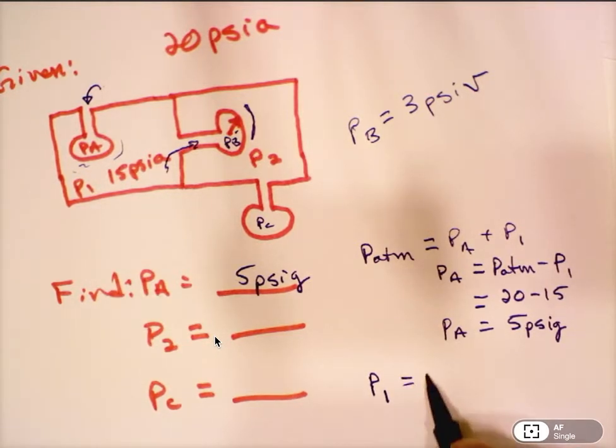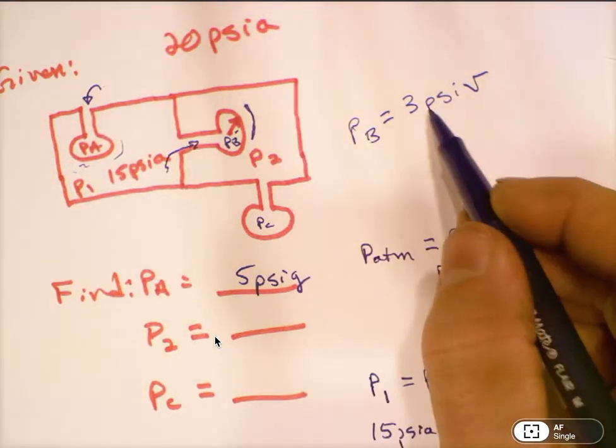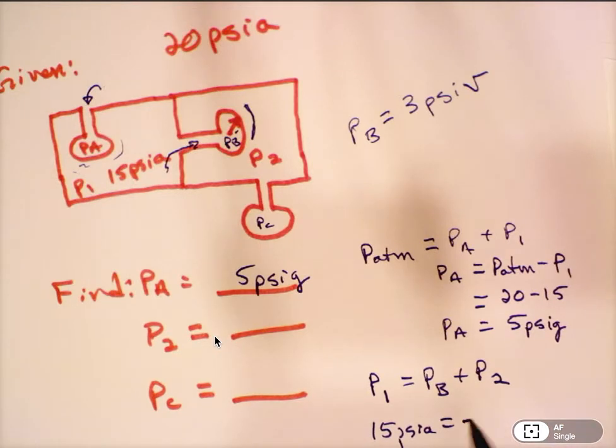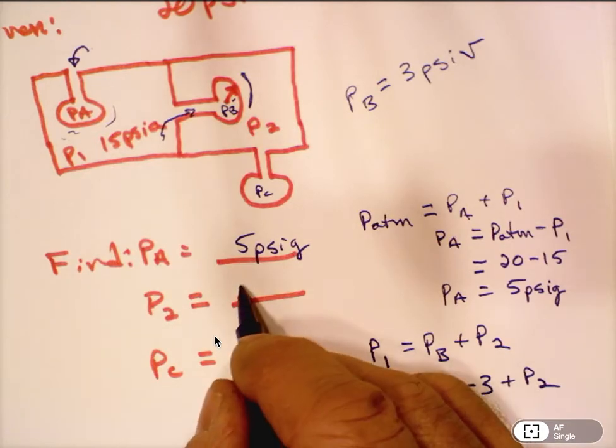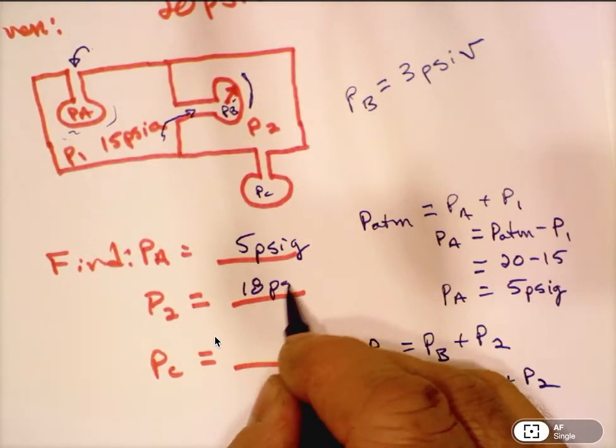The gauge is gauge B. And what surrounds it is P2. Well, 15 equals 3 psiv, that's negative 3, plus P2. Well, what's P2? Add 3 to each side, 18. So P2 is 18 psia.